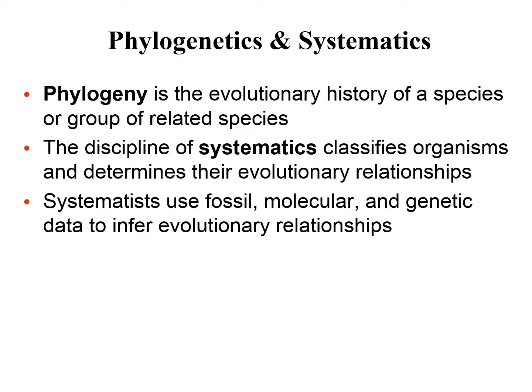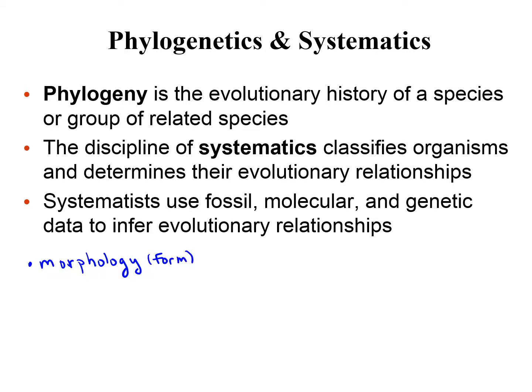Systematics is classifying organisms in a way to help determine their evolutionary relationships. There are a number of different ways that one could do this. You could look at fossil evidence. So we could look at morphology. Maybe we're looking at different fossils that have similar morphological characteristics. Morphology, again, is form, so they look the same or have similar characteristics.